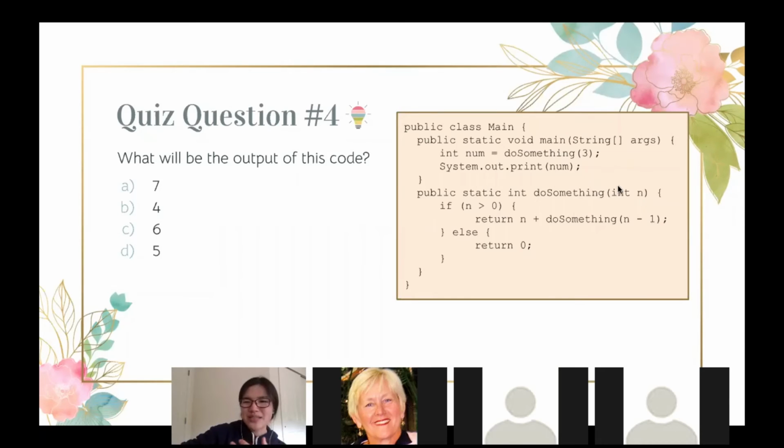If n equals 1, then we return 1 plus do something of 1 minus 1, which would be 0. So 1 plus 0, and it would go on after that. So it's basically taking the summation of n. Once we get to 3, it would be 3 plus do something of 3 minus 1.